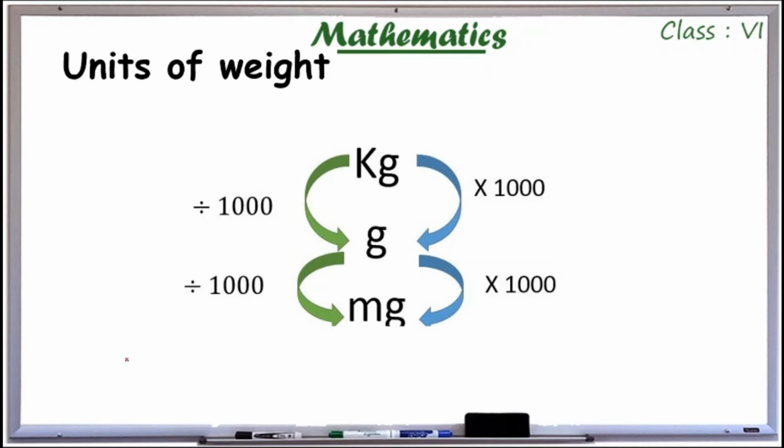For smaller things like ornaments we use gram, and for minute particles we use milligram. You need only this: 1 kilogram is equal to 1000 gram, and 1 gram is equal to 1000 milligram.